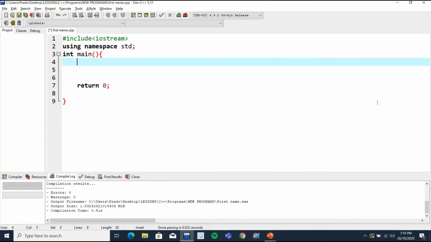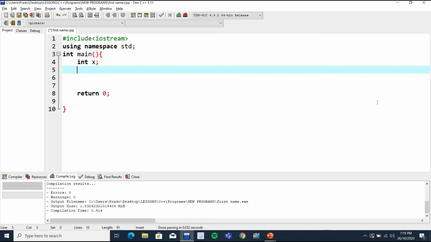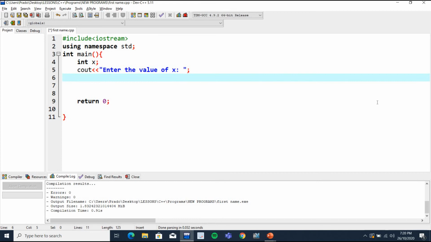Okay. So, kailangan natin ng isang input from the user, which is the value of x. So, we will set the variable int x. Ayan. And then, cout, quotation, enter the value of x. Then, semicolon, cin, and then x.